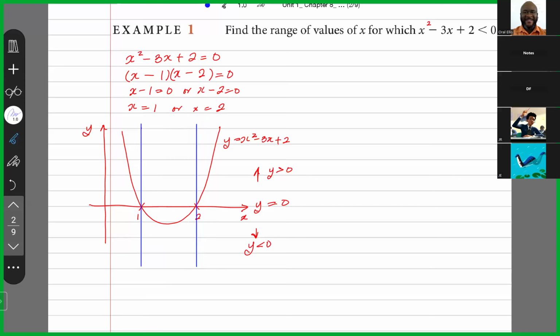All right, so these are 6 regions, or let us say 3 regions. 1, 2, 3. 3 regions.